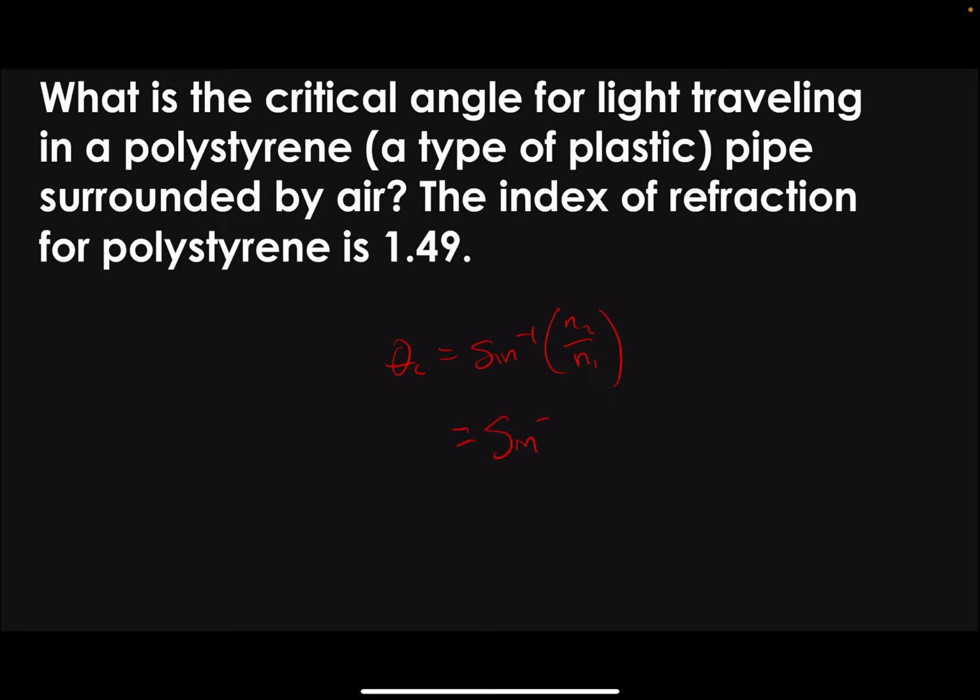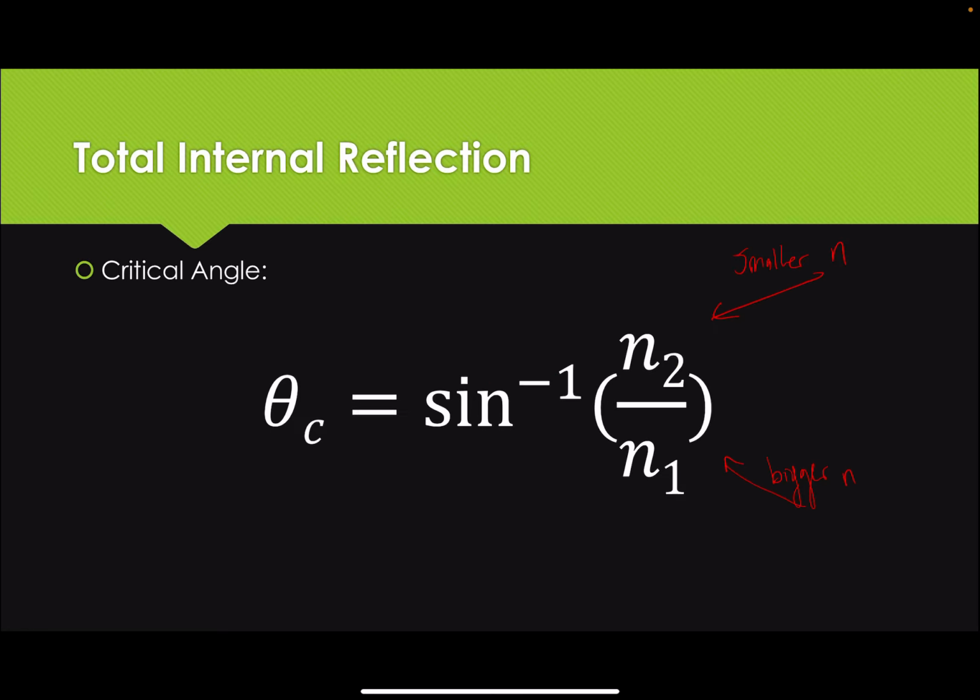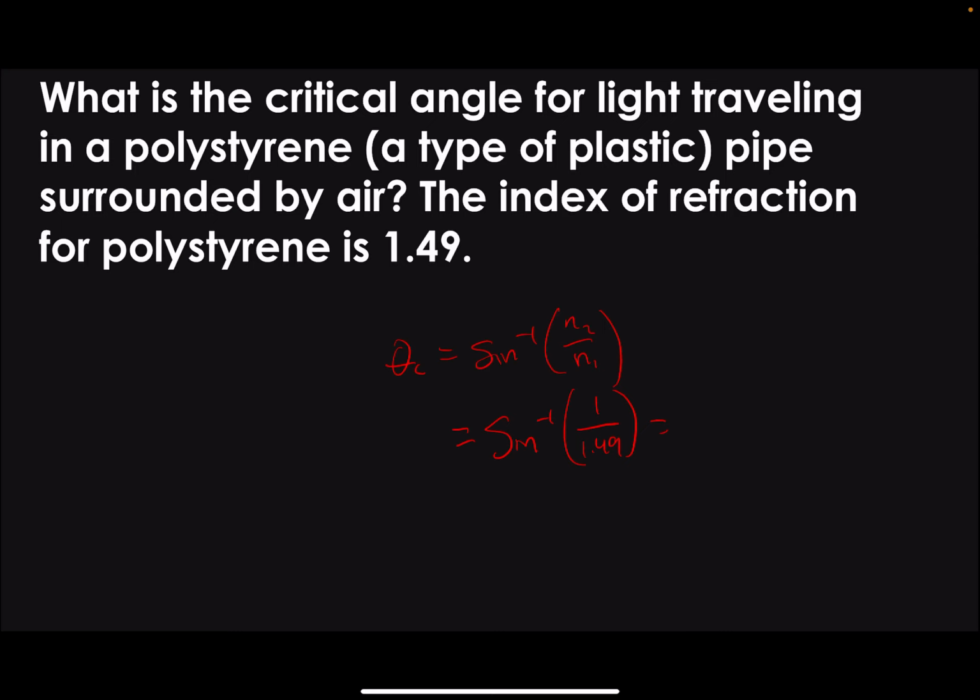So in this case, it is air. We're trying to enter air at least. And so that means our n2 is 1, and our n1 is 1.49. And so the inverse sine of 1 divided by 1.49. Make sure your calculator is in degrees today, otherwise you're going to get some bad numbers. You get 42.2 in degrees.